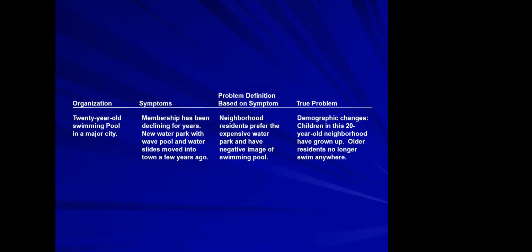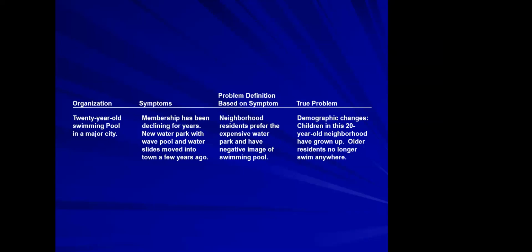But please mind you, the true problem, when you research, came to light: the demographic changes, that is, children in this 20-year-old neighborhood have grown up, they are becoming older, and older residents no longer swim anywhere, whether in the new water park or the existing pool. So the actual problem is that people are becoming older, and this older generation is not going to the swimming pool or the water park, and therefore membership is declining.